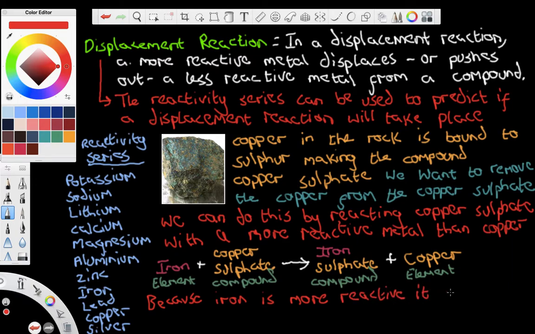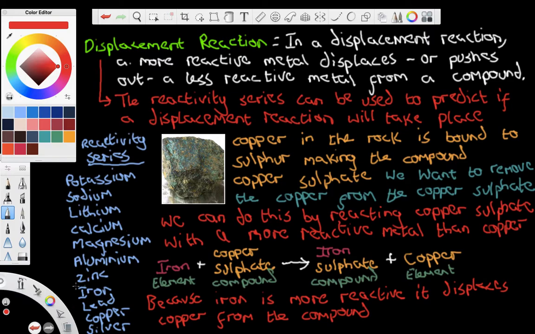So this is a displacement reaction because a more reactive metal, iron, has pushed out the less reactive metal, copper, from the compound to make iron sulfate and copper.